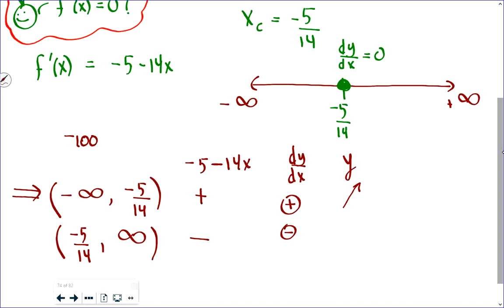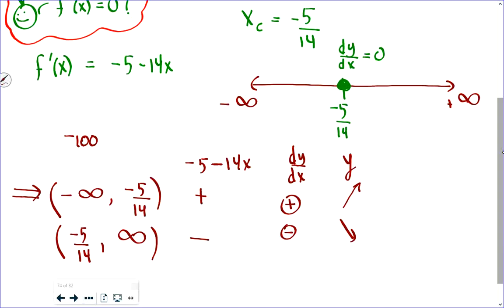It's positive. The other column is telling me about y. Y could be positive or negative. I don't know. But since dy dx is positive, whatever y is, it's climbing. It's going up, which is why we draw that arrow. Whereas if dy dx is negative, the function is decreasing.